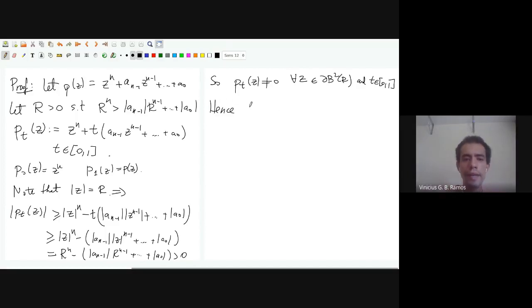Hence, P0, when you restrict it to the circle, is homotopic to P1 when you restrict it to the circle.